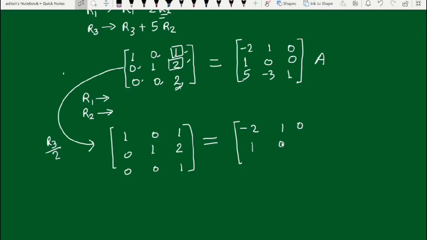Same here, minus 1 0 1 0 0, 5 by 2 minus 3 by 2 and 1 by 2.